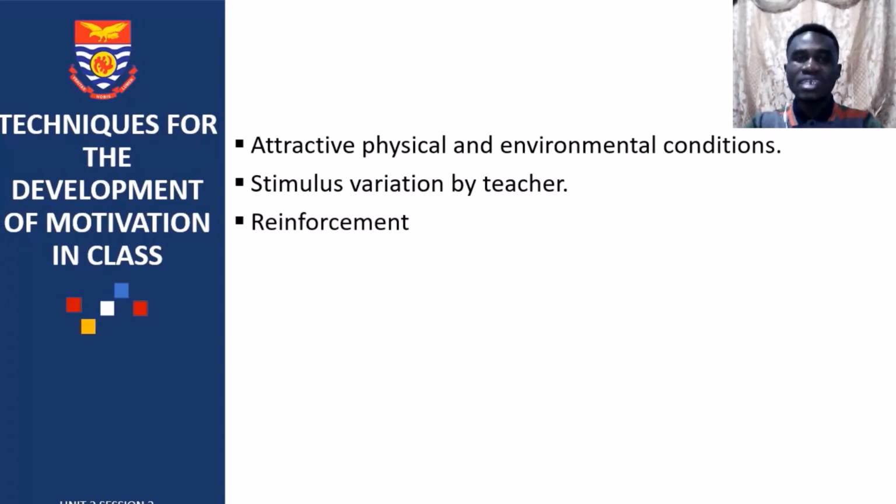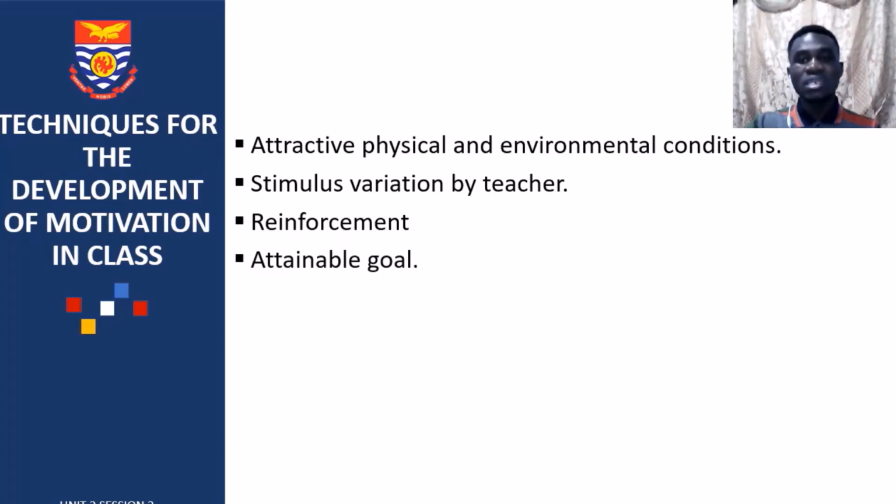And another technique is reinforcement. Try as much as you can to provide feedback. When a student gives the right answer, let the colleagues clap for the person. Sometimes you can offer awards. All these are ways of motivating your learners in the classroom. And also attainable goals.